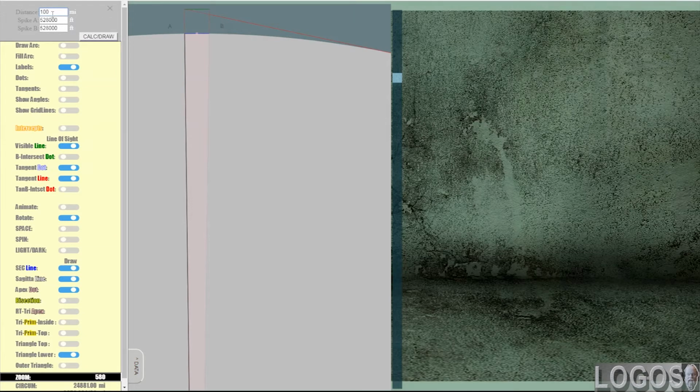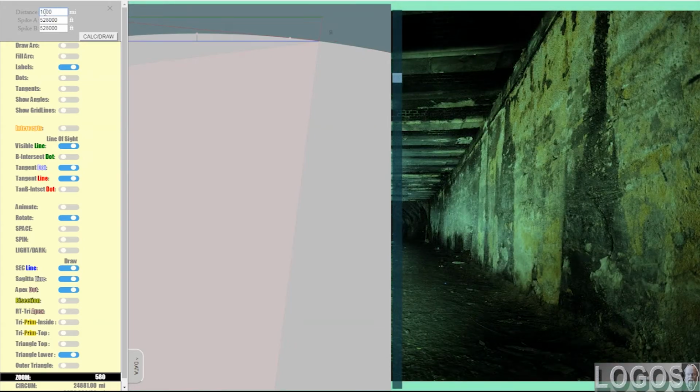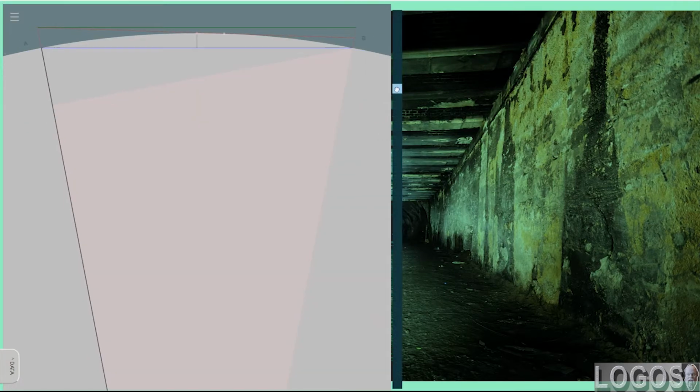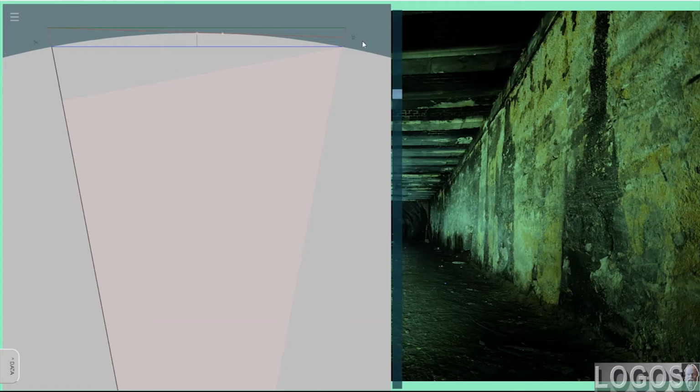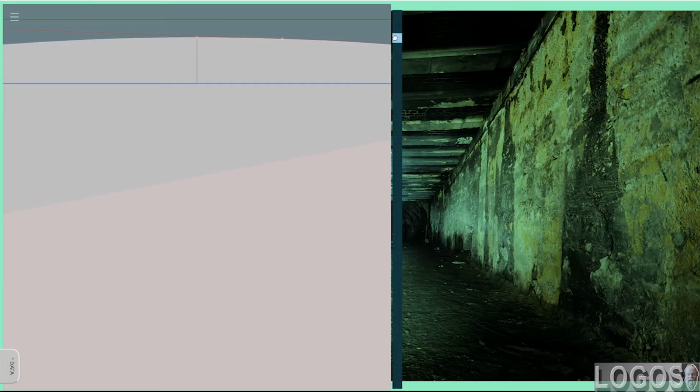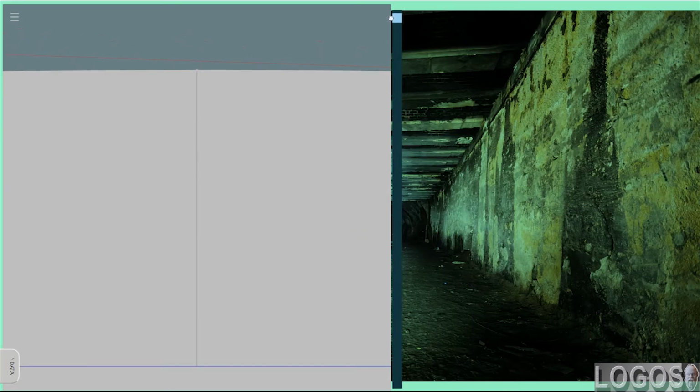Let's go back to 1,000 miles. Back to 1,500. Let's look at 1,500. Whoa. Looks like about half. Here's the apex, the apex is in the middle. But the tangent location is to the right of the apex, which means you can see over the bulge.